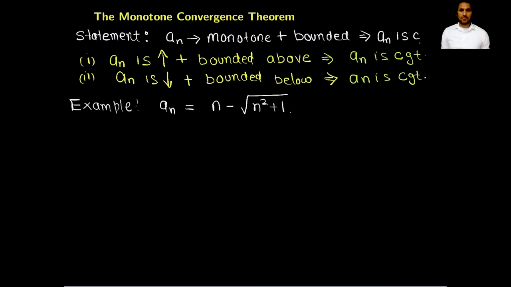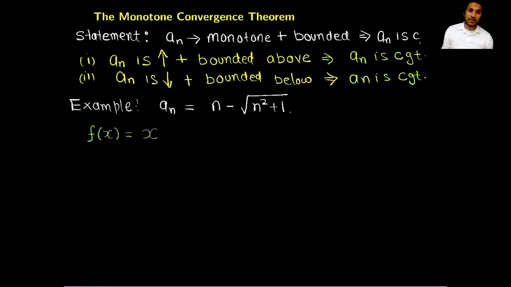So my first example is the sequence an equal to n minus the square root of n square plus 1. To find whether this sequence is increasing or decreasing, I will use my second method, which I showed you in my previous video. For that, I will consider a function f of x equal to x minus the square root of x square plus 1.